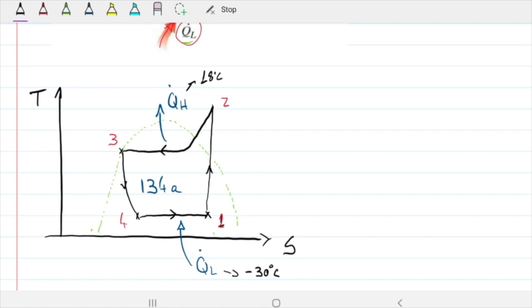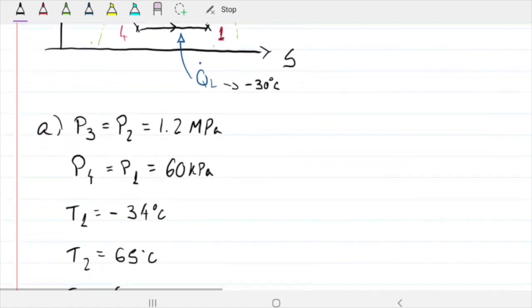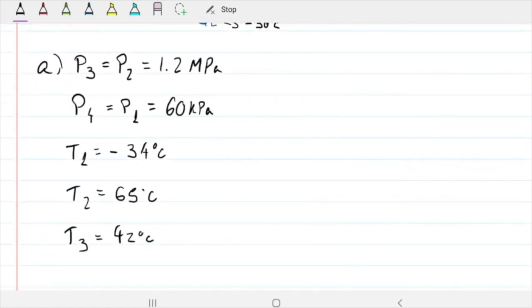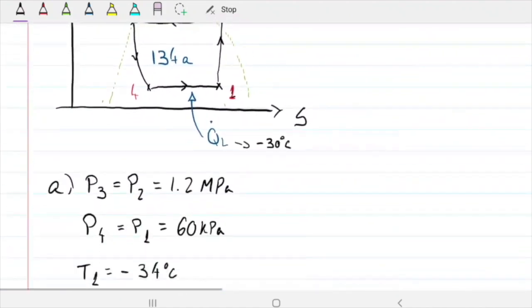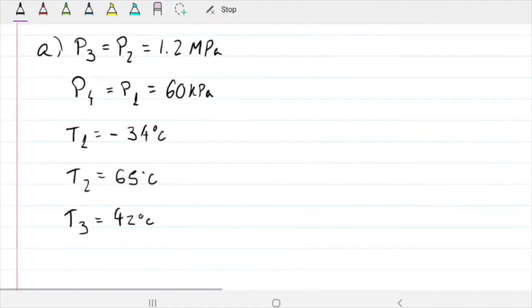Okay, so I wrote down what we know, right? We know 2 and 3 are the same pressure. We know 1 and 4 are the same pressure as well. They've been both given, and I grabbed the temperatures from the drawing. So this is information we have to start with.